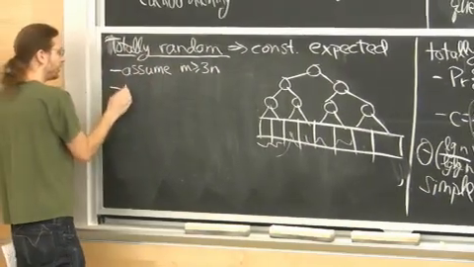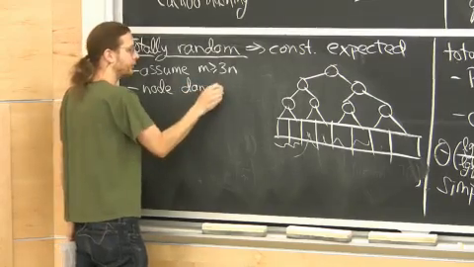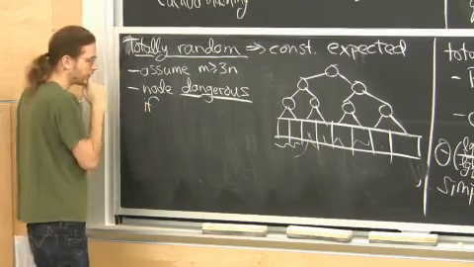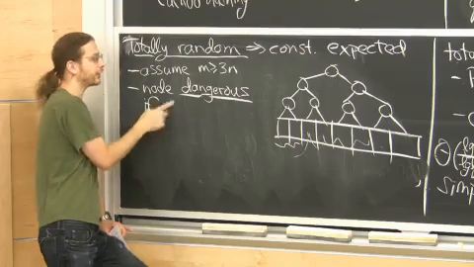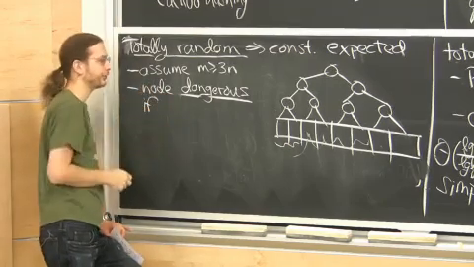So I'm going to call a node dangerous if essentially its density is at least 2/3. Now, not in the literal sense, because there's a little bit of a subtlety here.